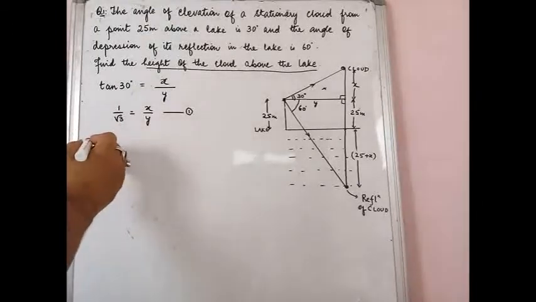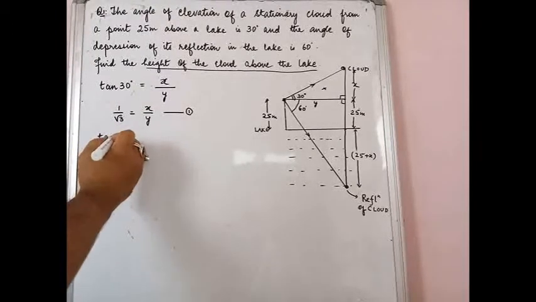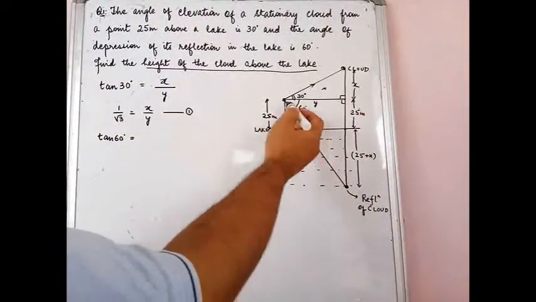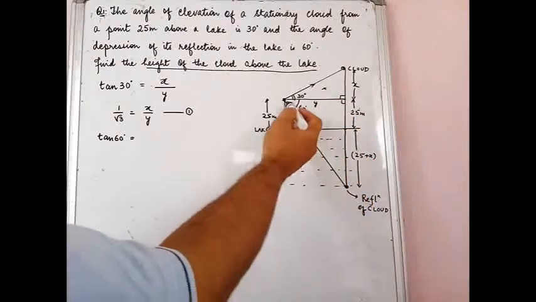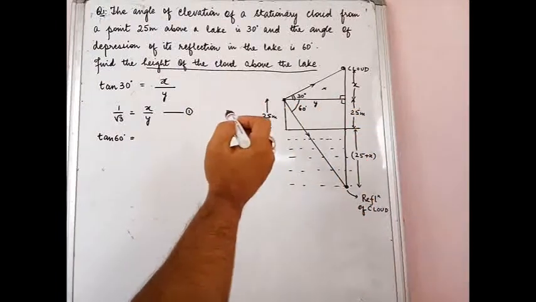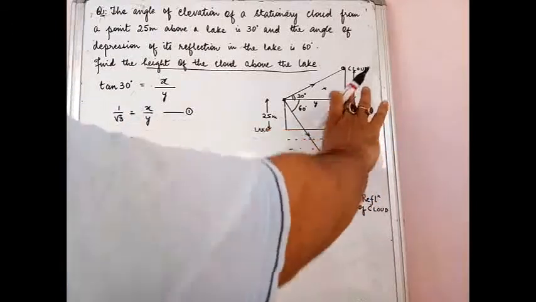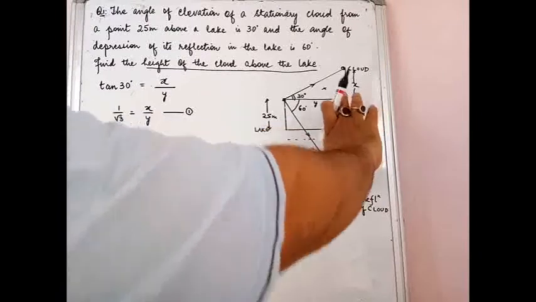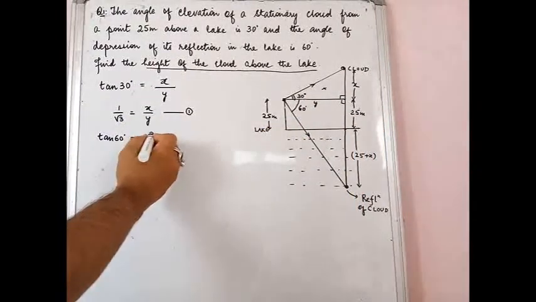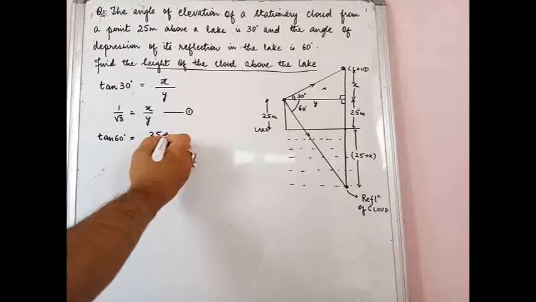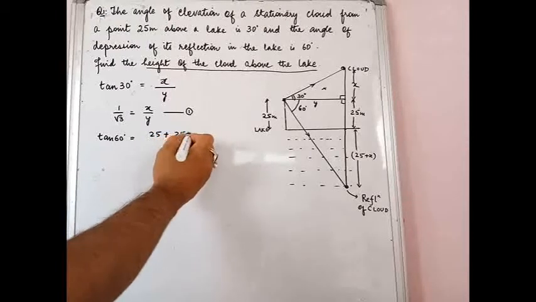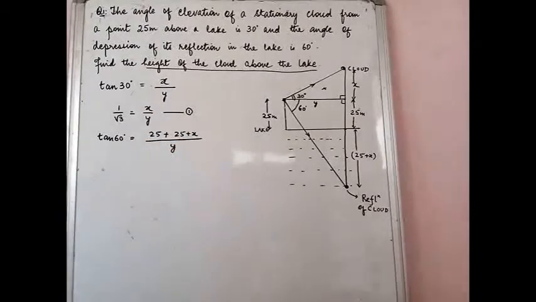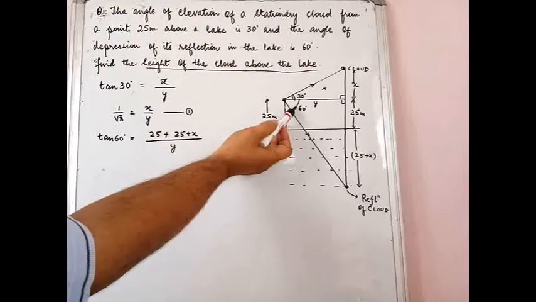Similarly, now if we take tan 60 degree, that means I am taking this bigger triangle. You see, this bigger triangle. So tan 60 degree is going to be perpendicular upon base. Please note, this is going to be the perpendicular now. So perpendicular means 25 plus 25 plus x. Please note, upon what is the base? y. Because you see, this time the angle is this.